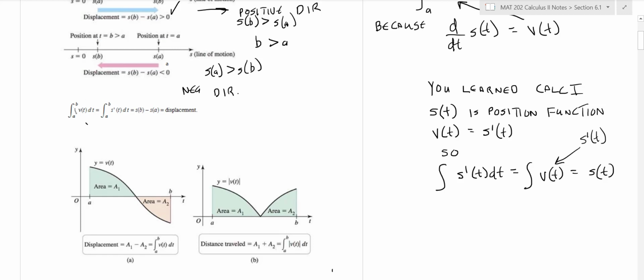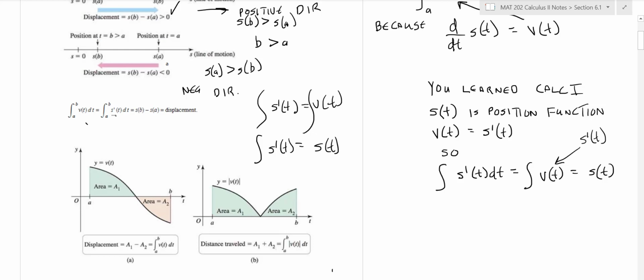We talked about what this integral is, so it needs to make sense to you. If you integrate the velocity, that's the same as integrating the derivative s prime of t, because s prime of t is the velocity. So those are equivalent to one another, okay? And anytime you integrate a derivative, you should get the original function.